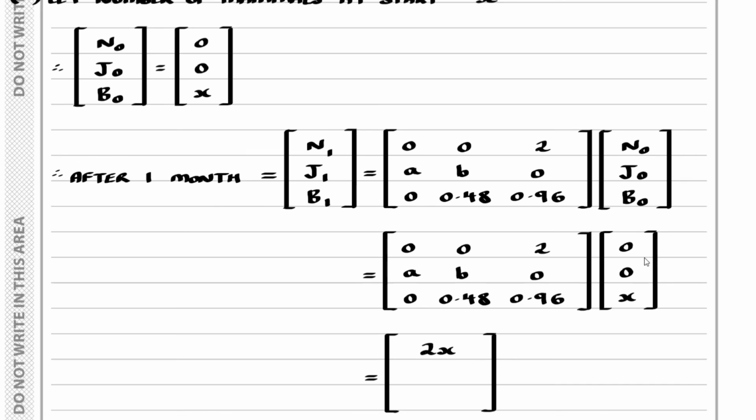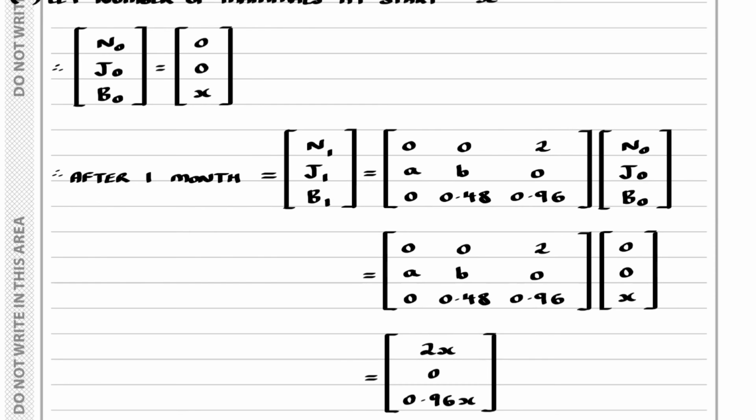Then a times 0, b times 0, and 0 times x is 0. And then 0 times 0 plus 0.48 times 0 plus 0.96 times x, which is 0.96x. So this is what we have after 1 month.